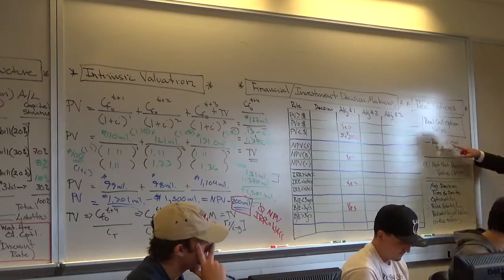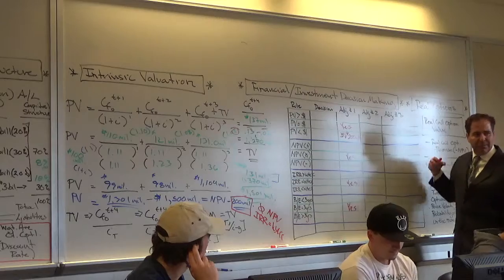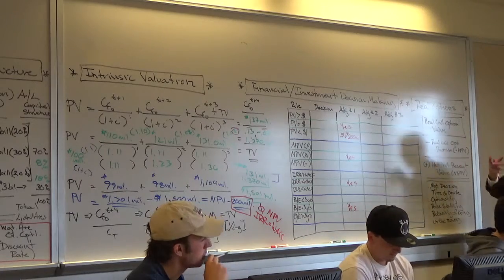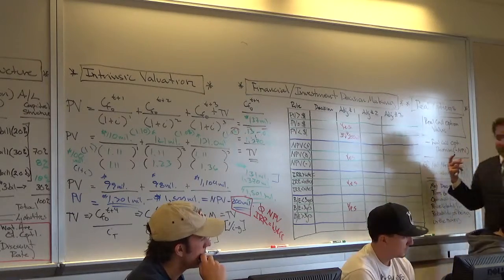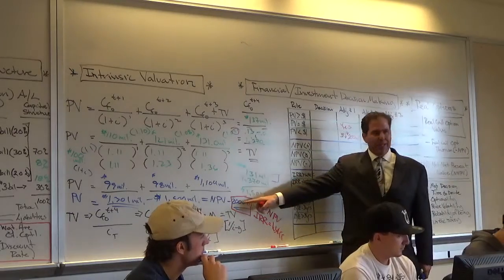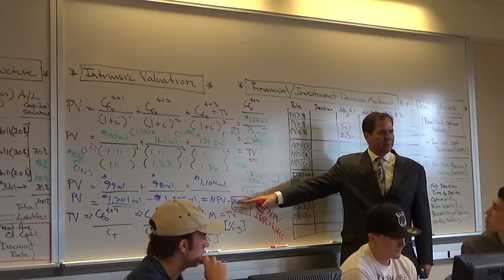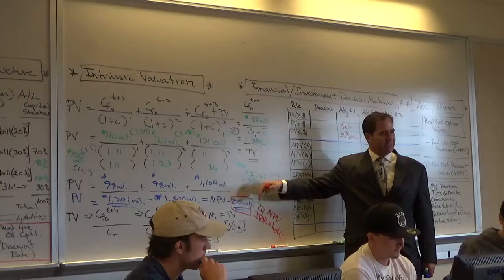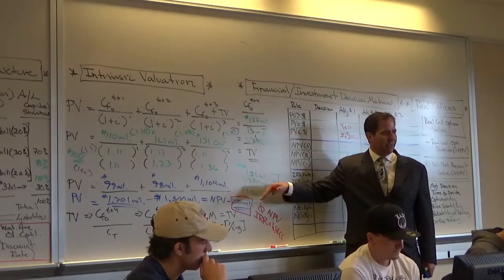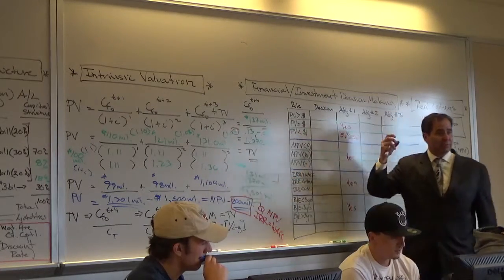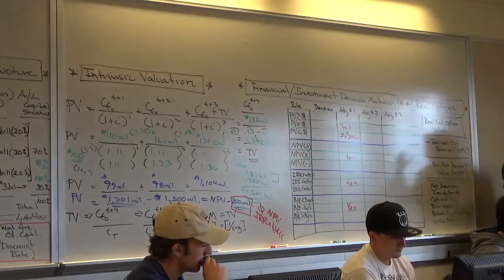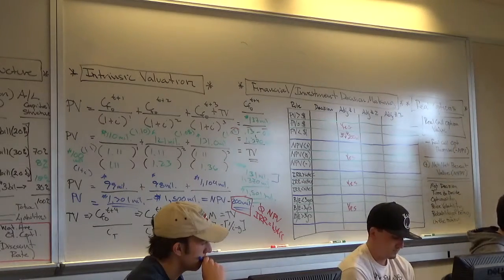The negative net present value, where I'm going to overpay for this asset by $200 million, is actually the real call option premium. That's the price I'm paying for this option.